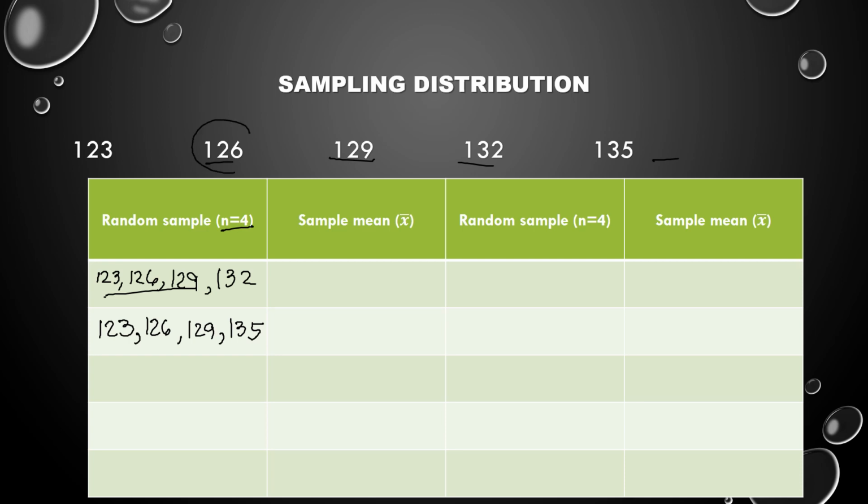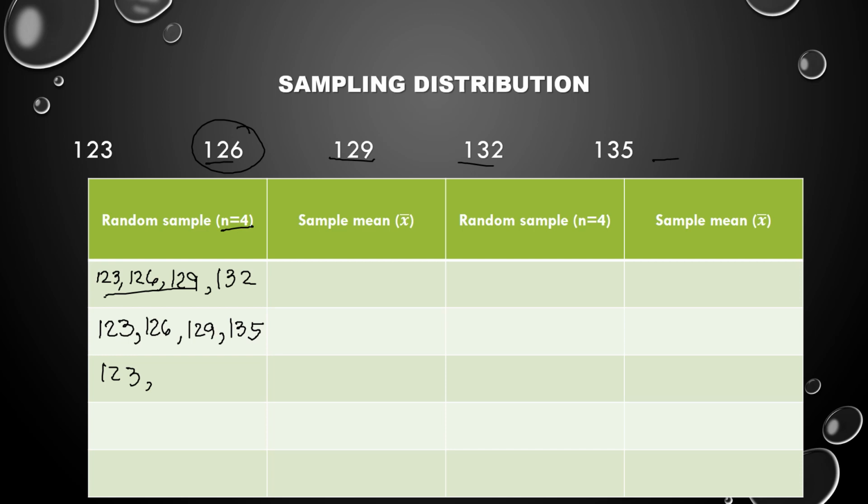We're done using 126 right after 123. So again, we start with 123 because we still have other numbers to combine with. Next we have 123, and we can use our 126, but this time we are not using the 129.